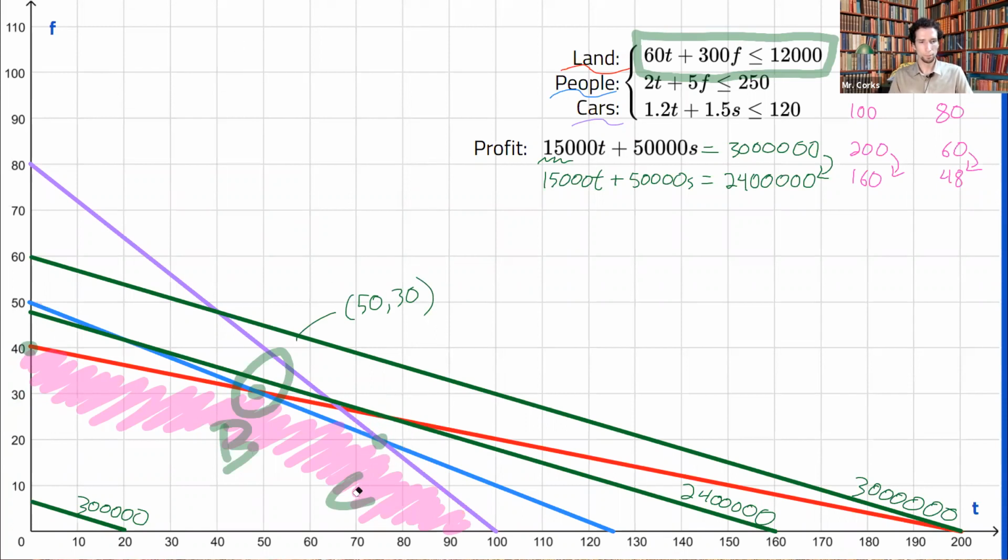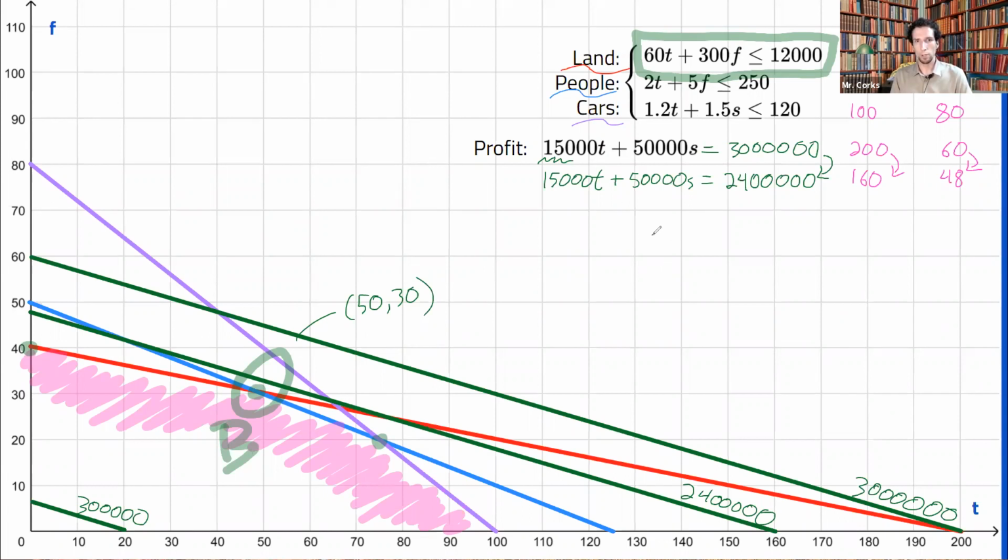I can substitute and check. Okay, let's do that. We shouldn't always trust our graph. We may have made a small mistake. When I look at this, the intersection looks a little bit off from the 30-50 intersection. So this is the red and blue lines.